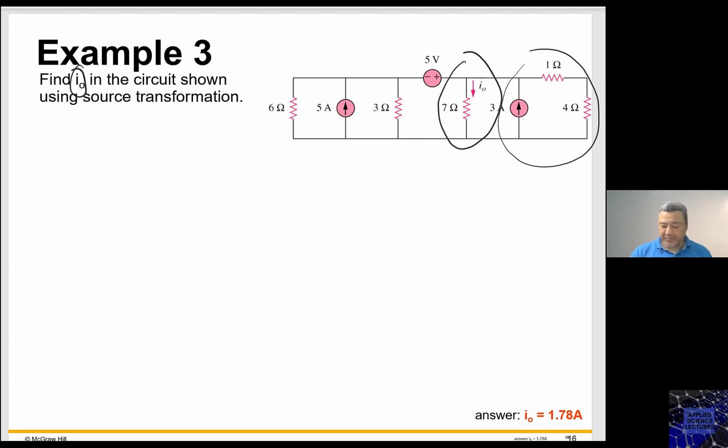Okay, so let's look. I need to identify the following. Current source with resistors in parallel. This can be transformed to a voltage source.